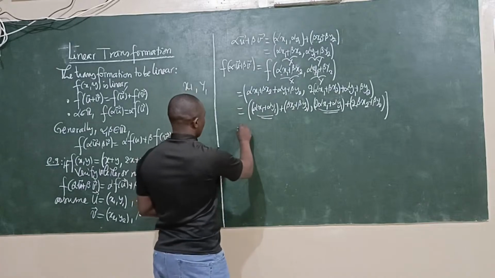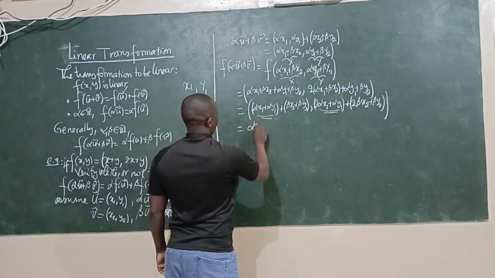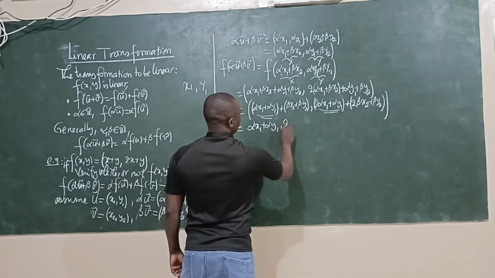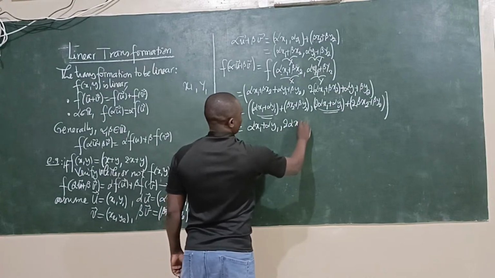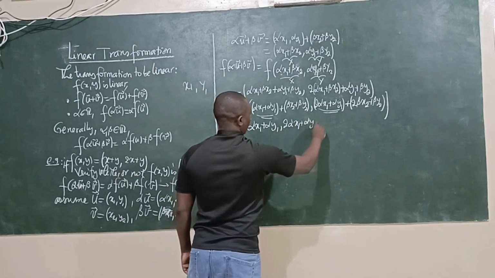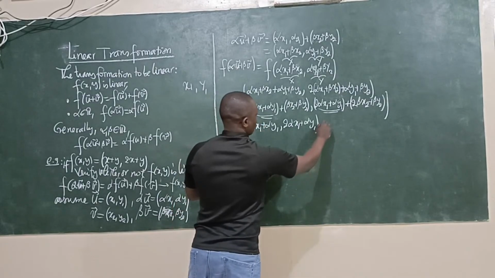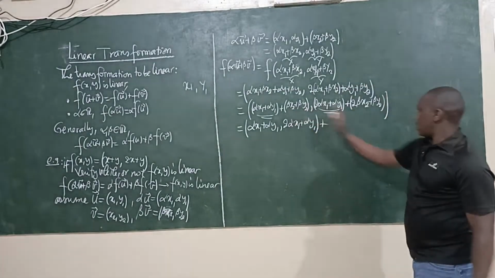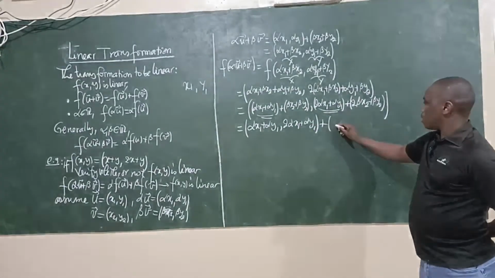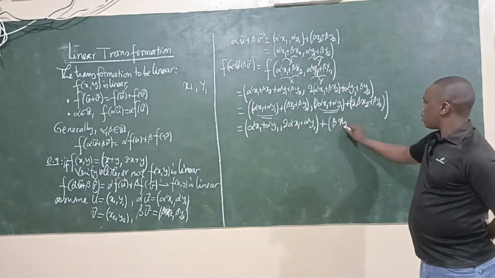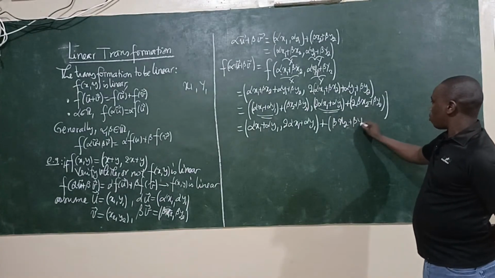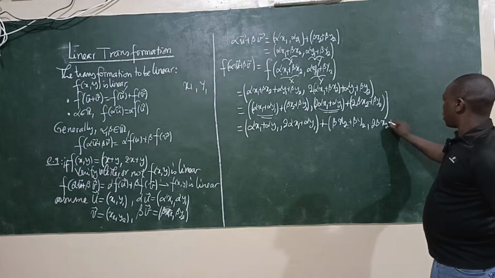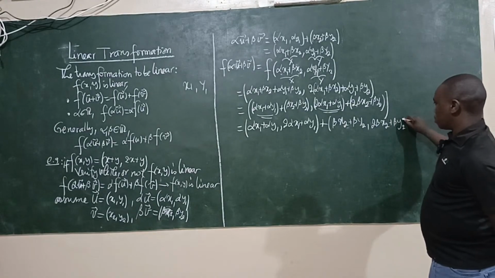Okay, this is going to be alpha x1 plus alpha y1, comma 2 alpha x1 plus alpha y1, plus this and this. This is going to be beta x2 plus beta y2, comma 2 beta x2 plus beta y2.